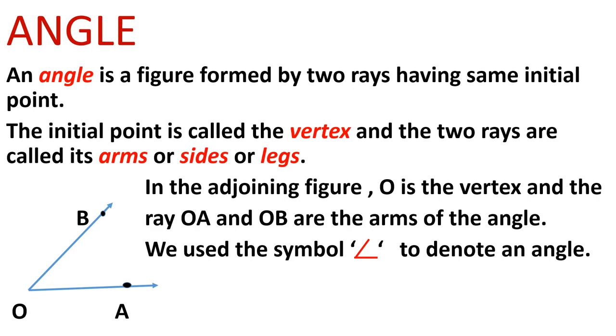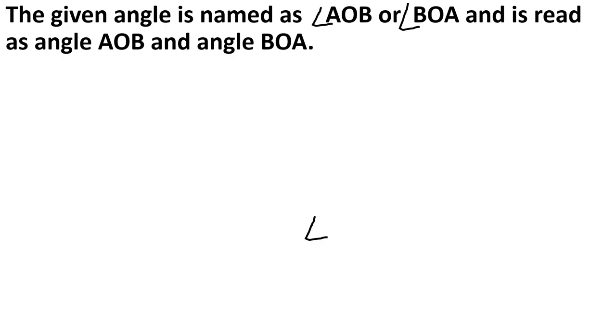We use this angle sign as the symbol to denote an angle. Whenever we are writing the measurement of an angle or the name of the angle, we must use the symbol of angle. The given angle is named as angle AOB or angle BOA and is read as angle AOB and angle BOA.